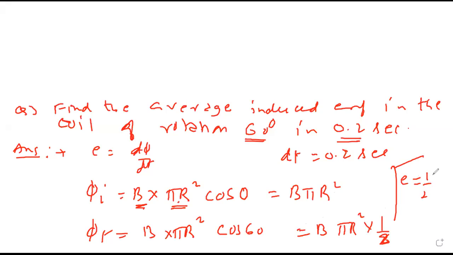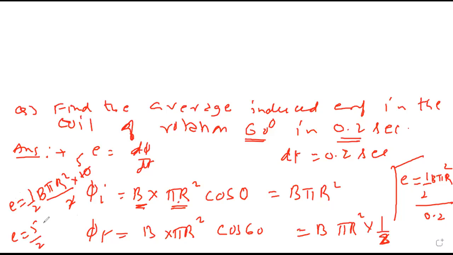So it will be just half B pi r square upon time 0.2 second. So E is half B pi r square, and 0.2 will become 2 by 10. 2 into 5 is 10. So E equals 5 by 2 B pi r square, or you can say 2.5.